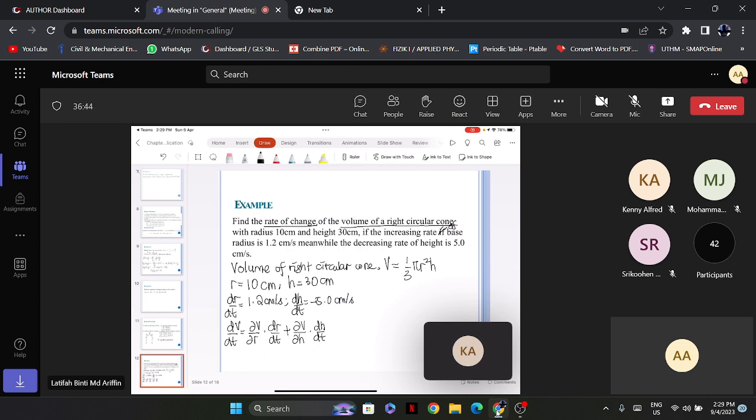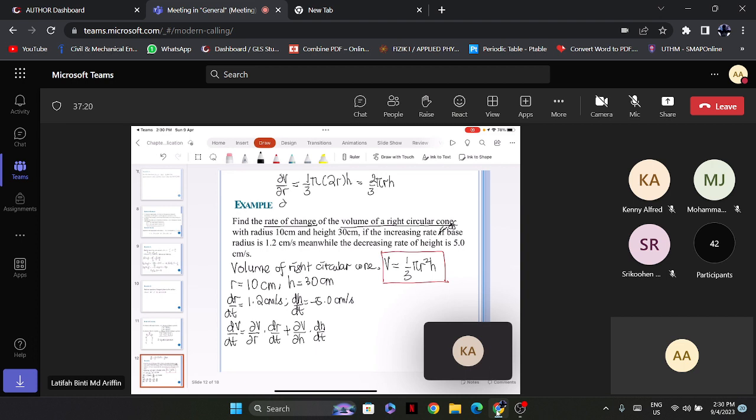So what is our ∂V/∂r? We differentiate our function V partially with respect to r. What we will get is 1/3 π, and r squared gives 2rh, that is 2/3 π r h. This is our ∂V/∂r.